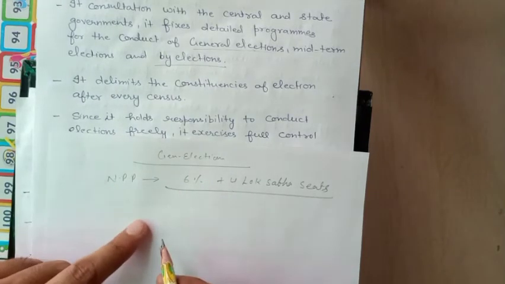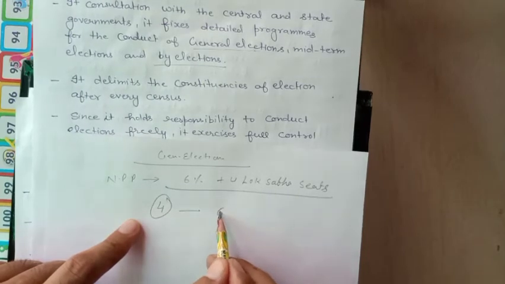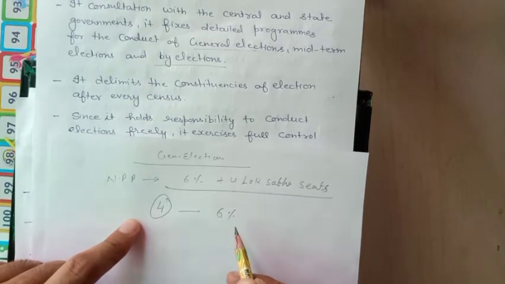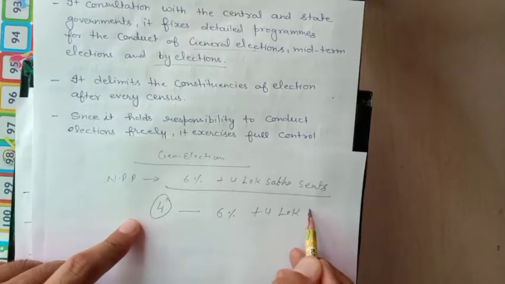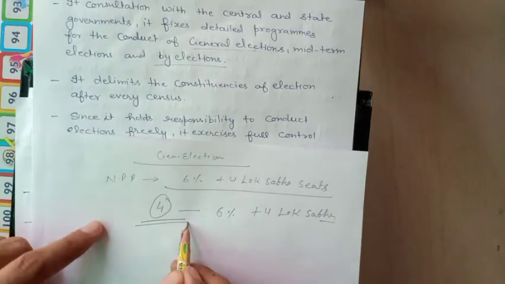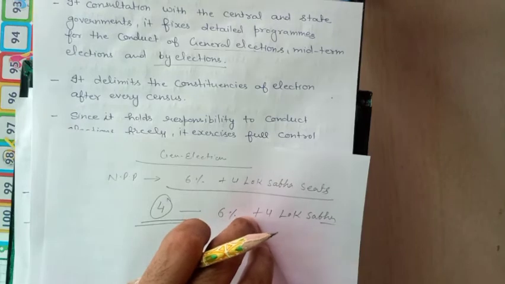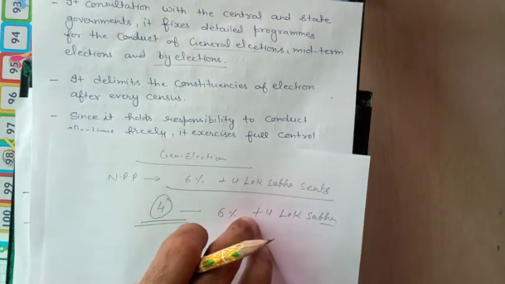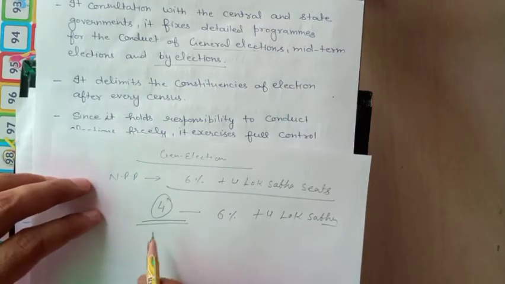The other criterion is that in the general assembly elections of 4 states, if a political party gets 6% of the total votes plus 4 Lok Sabha seats, then the party is tagged by the Election Commission as a national political party. These are the 2 criteria on which the Election Commission of India gives the tag of national political party in our country, India.